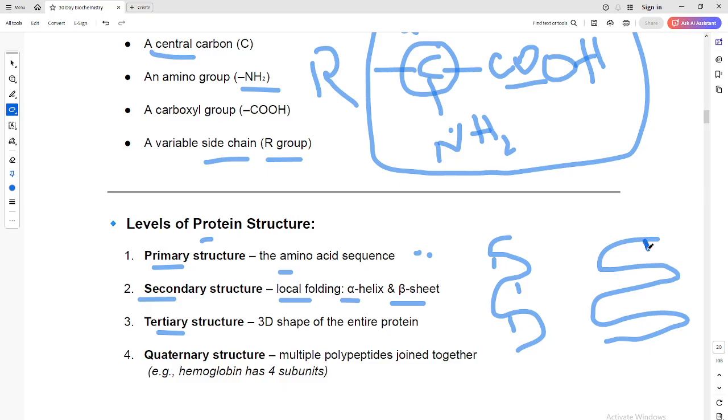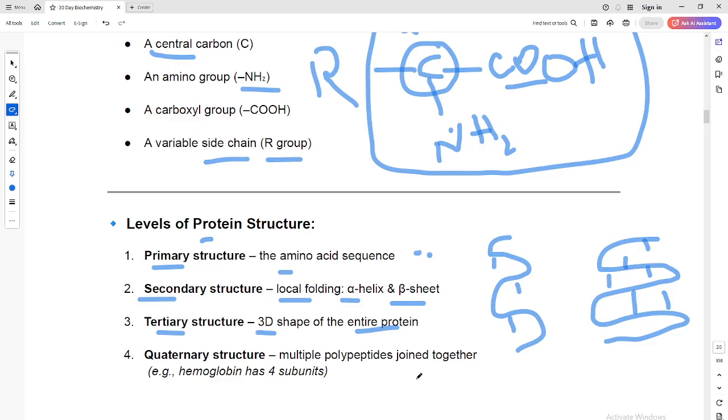It is a sheet, and it is preserved in this shape through bonds depending on the specific amino acid sequence in the primary structure. The tertiary level of structure is when these foldings form a 3D shape of the entire protein.